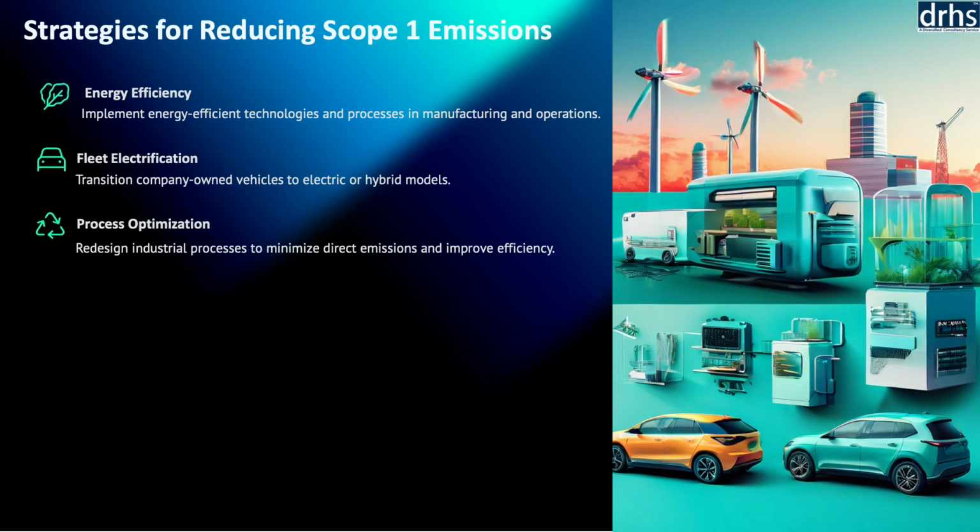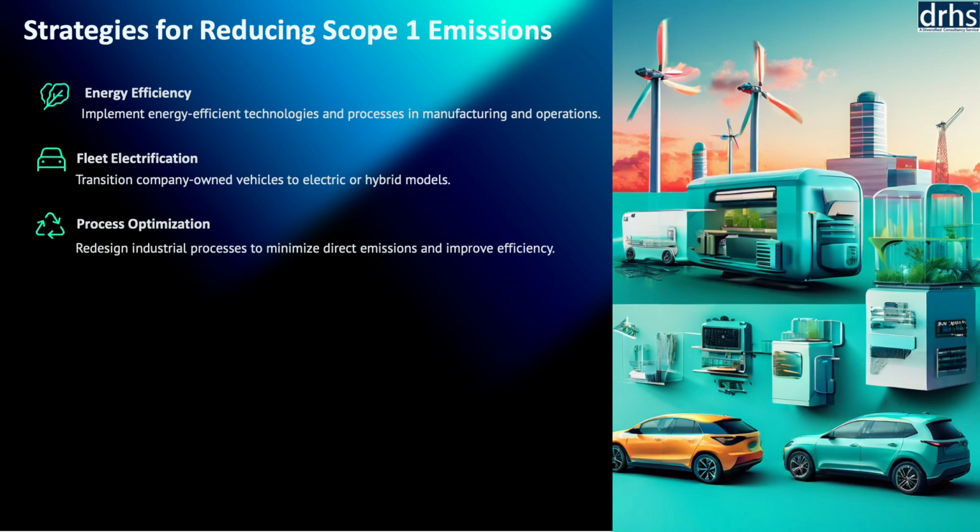This can be achieved through various means such as adopting advanced manufacturing technologies, improving heat recovery, and optimizing reaction efficiencies. In industries like chemicals and cement manufacturing, process emissions are significant and optimizing these processes can lead to substantial reduction in scope 1 emission.